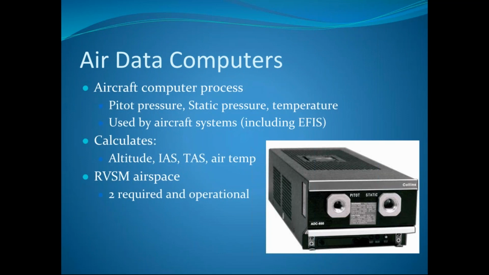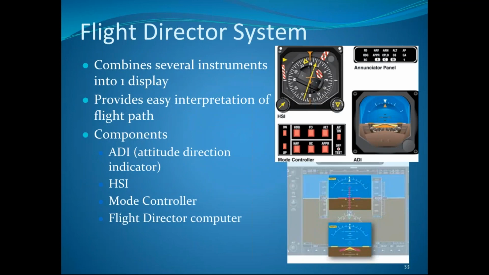And in order to operate in what we know as RVSM airspace, so we're talking about flight levels above 29,000 feet to 41,000 feet, we call that RVSM airspace, and that just allows planes to fly closer together. It requires less separation, and it helps air traffic control get more airplanes through a section of airspace quicker and with less congestion. So, yeah, we have 2 of those on board, and both have to be working for us to operate in that RVSM airspace.